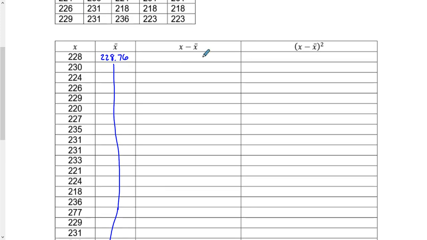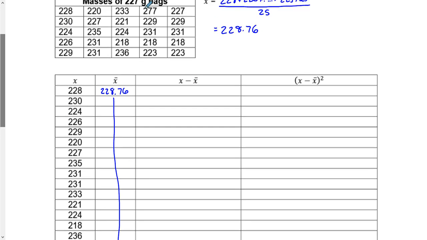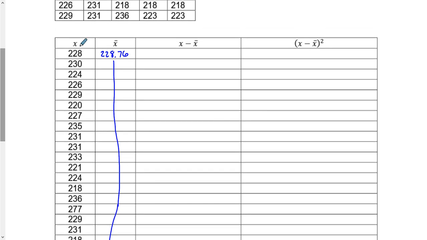This column is where we take the x and subtract the x bar. So I've just taken all of our data values from here and put them down here. So for example, 228 subtracting 228.76 should be negative 0.76.